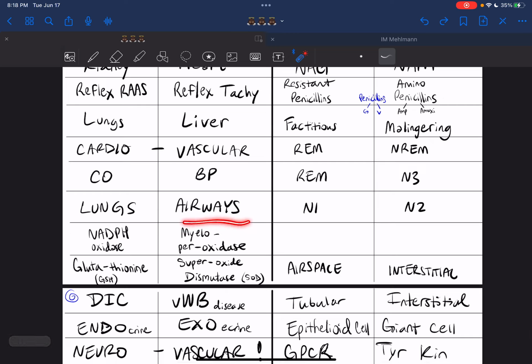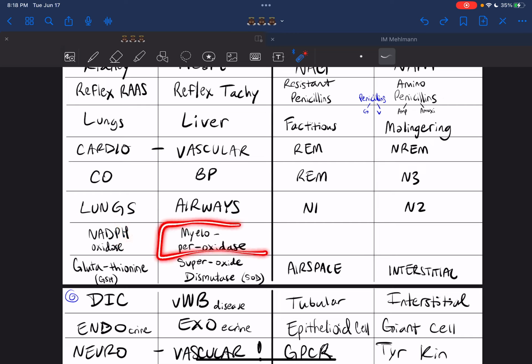NADPH oxidase versus myeloperoxidase. These are the two guys that create ROS. Versus glutathione and superoxide dismutase are the two guys that break down ROS. So make versus break, reactive oxygen species. So NADPH oxidase makes one, I don't remember which one, it's like some normal basic one.